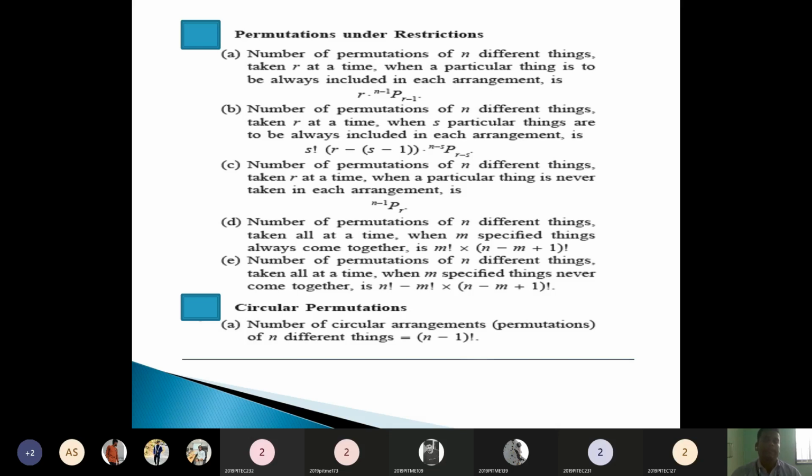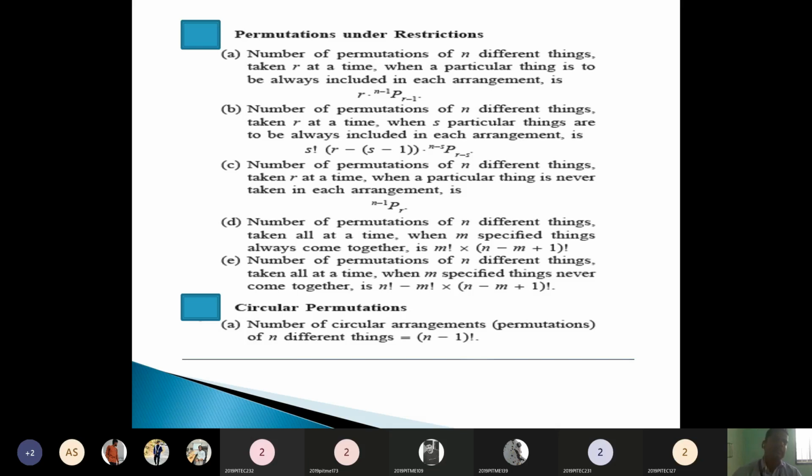In the n different objects taken r at a time, one particular object, or more objects also, you can take. So here the particular object should always be in the selection.